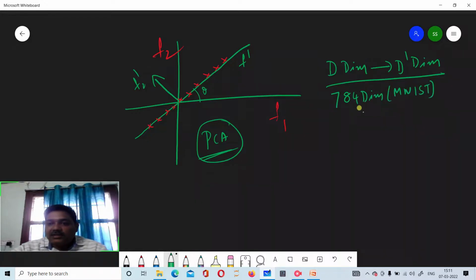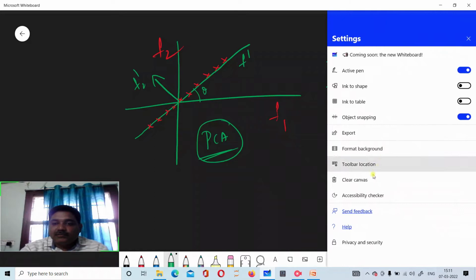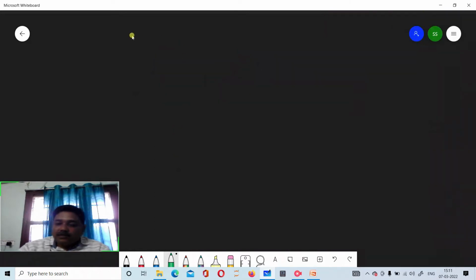Many people use the MNIST data set to convert it to two dimensions for visualization purposes. So what is that process? The process involves the PCA algorithm.